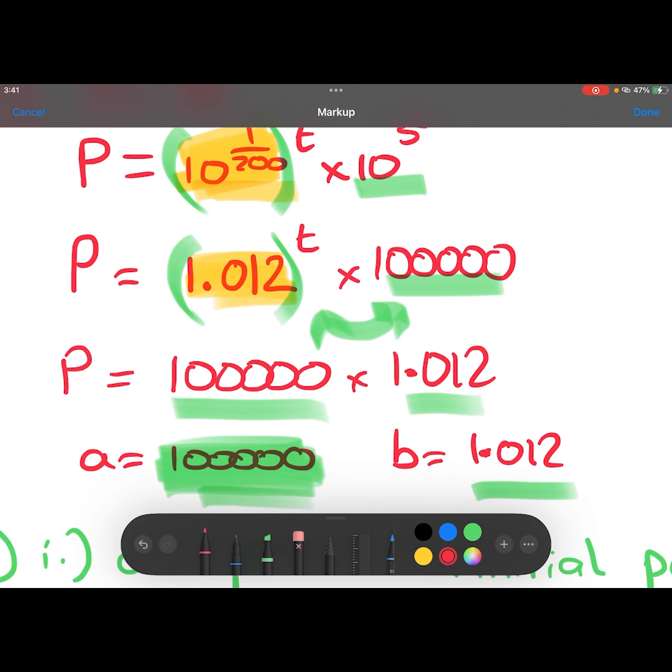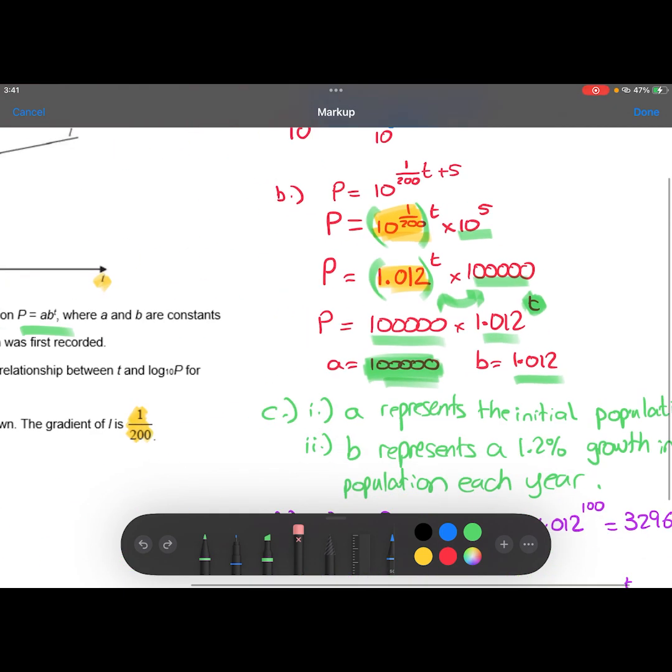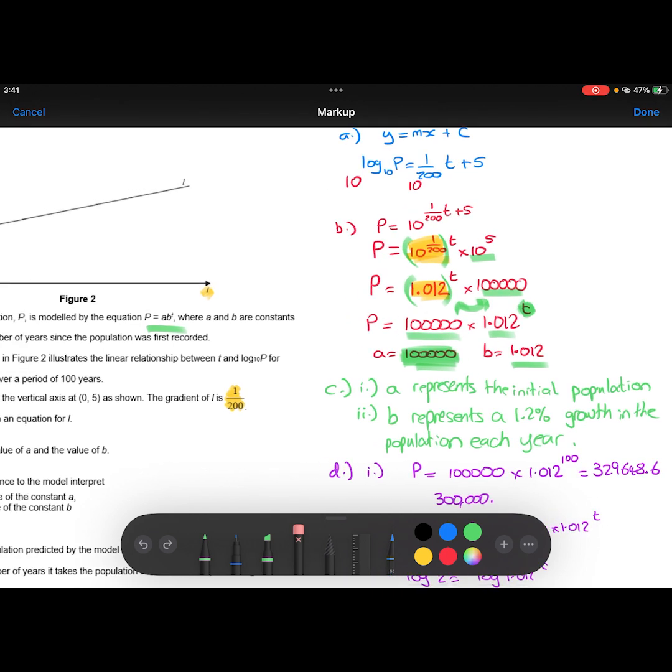If the t was 0 here, so if after 0 years, we're going to have 100,000 times 1, which is 100,000. So that a represents the initial population, or the population when t is 0.